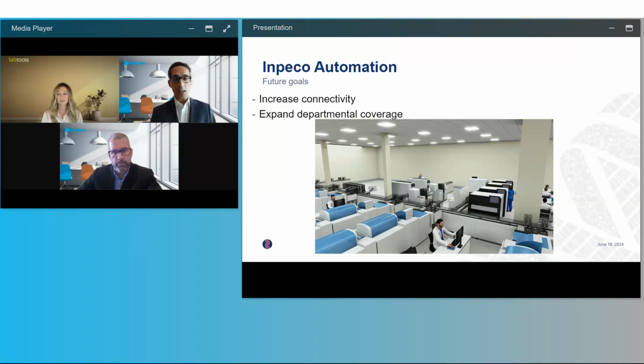Most importantly, it allows us to serve direct customers, end customers, who were also constantly asking to work with Inpeco directly, to take a decision on the track before they commit on the analyzers, and to do business directly with Inpeco. So this was the driver behind our decision to go directly in the market.